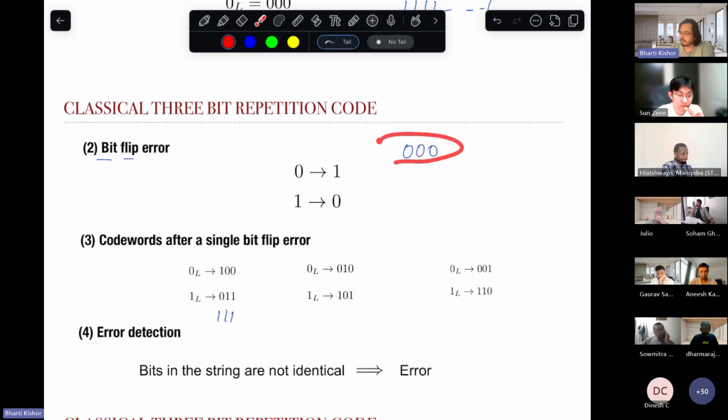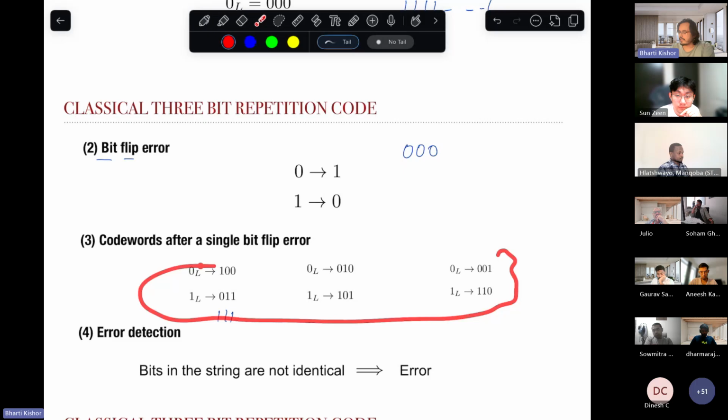You start with 000 and let's say the second bit flipped, then you get 010. You start with 111 and if the second bit flipped, then you get 101. If the third bit flips, then you get 001. And similarly here, you will get 110. So these are your code words, that's what happens to your code words after a single bit flip error.